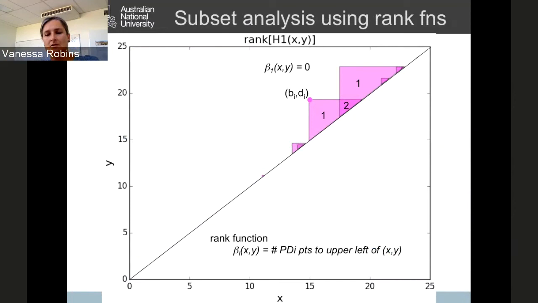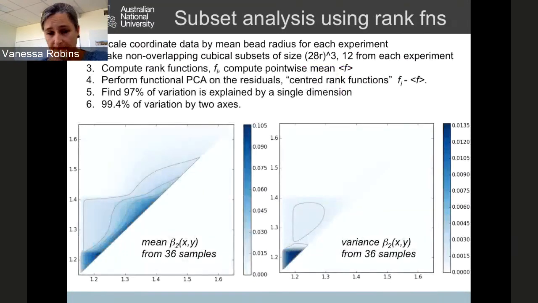Okay, and the reason we want to work with the rank function is because it really is a function. So when you have a function, you can define a function norm, and you can use some very standard statistical analysis techniques to take means and look at variance of those functions. Okay, so it's not hugely sophisticated, right?